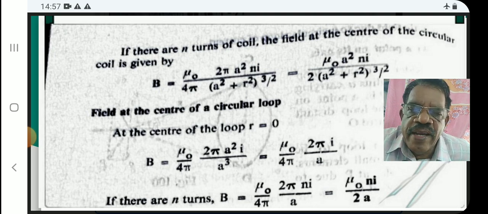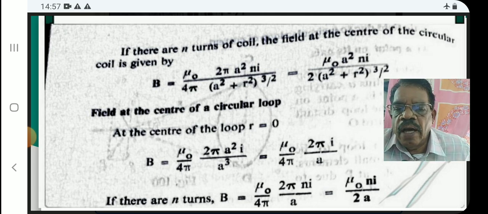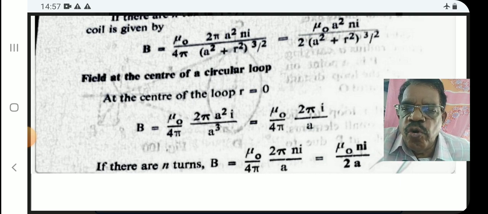To find field at the center of the coil, ആ കോയിലിൻ്റെ സെൻറ്ററിൽ ഫീൽഡ് ആണെങ്കിൽ നമ്മൾ ആറിൻ്റെ വാല്യൂ 0 ഇട്ടാൽ മതി. അങ്ങനെ ഇടുമ്പോൾ B is equal to mu 0 by 4 pi 2 pi a square N I by a cubed. a square and a square will cancel from numerator and denominator.